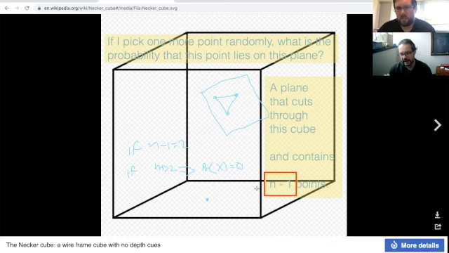And it's actually stronger than just probability. It always happens, right? So what this is saying is that if I pick 3 random points in a cube, they will always lie on the same plane. And a much stronger statement is this is going to be the only surface where that is true.